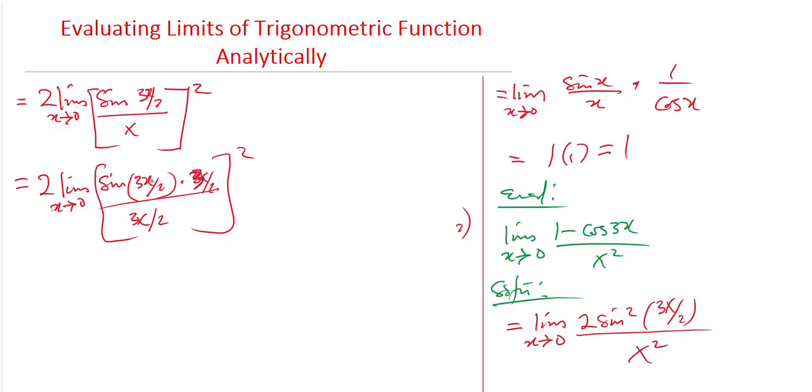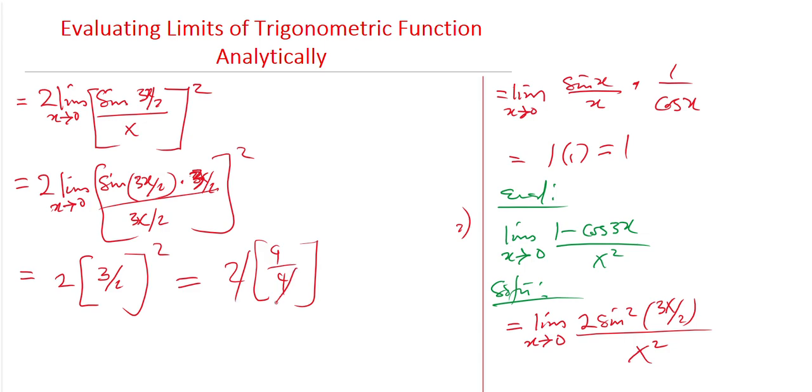And we know the limit of sine 3x over 2 all over 3x over 2 is 1. So we are going to have 2 multiply 1 multiply 3 over 2 left, squared, and this will give us 2 multiply 3 square is 9, all over 2 square is 4, and this can cancel to give us 9 over 2, which is the final answer.